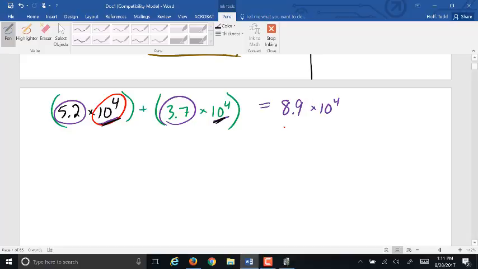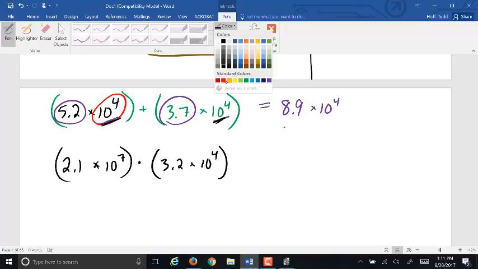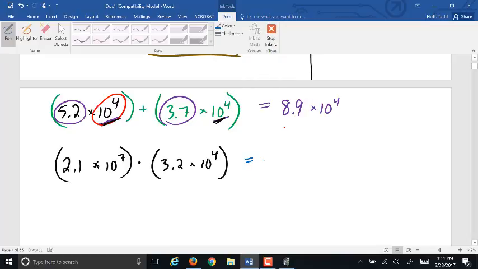If I were multiplying, however, 2.1 times 10 to the seventh times 3.2 times 10 to the fourth. I don't have to have the same name, which means I don't need the same power of 10.